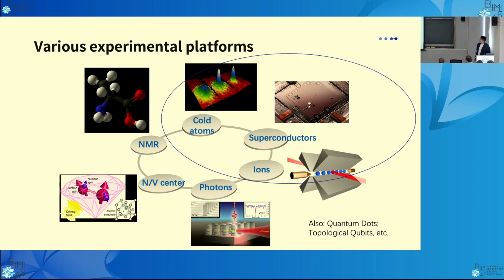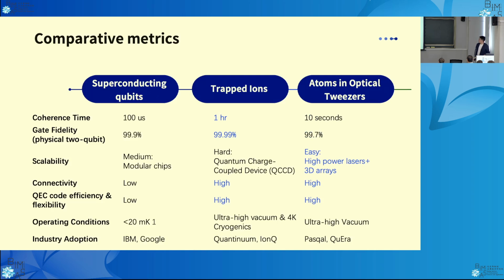Because I had previously worked on cold atoms and ions, we'll talk about these systems. Of course, this is to some extent a personal view, but we'll look at some of the pros and cons of different systems.